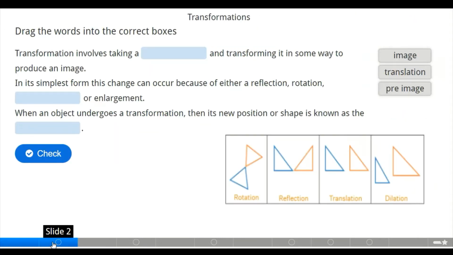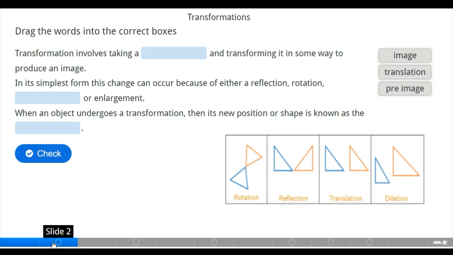Transformation involves taking a pre-image and transforming it in some way to produce an image. So when you're talking about transformation, you're taking a shape or an image and transforming it in one way or the other to bring another object, which we call an image.